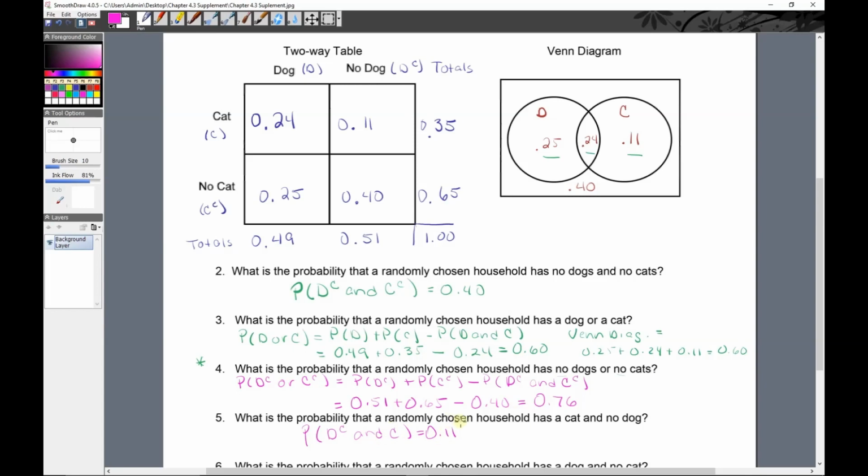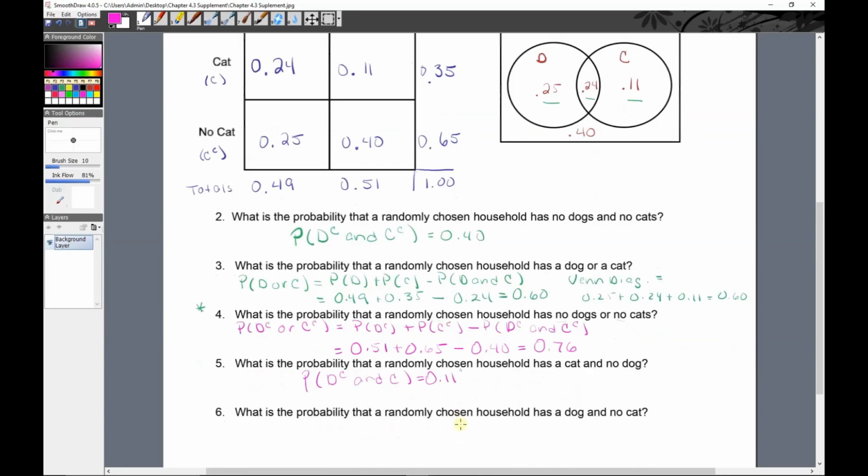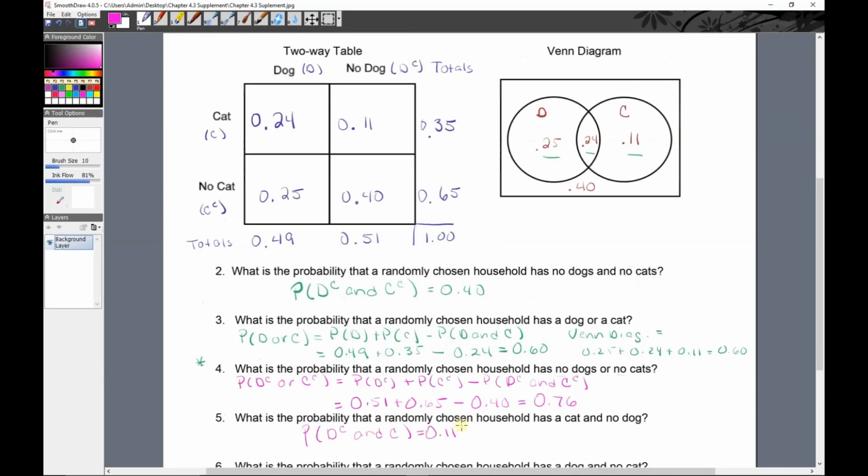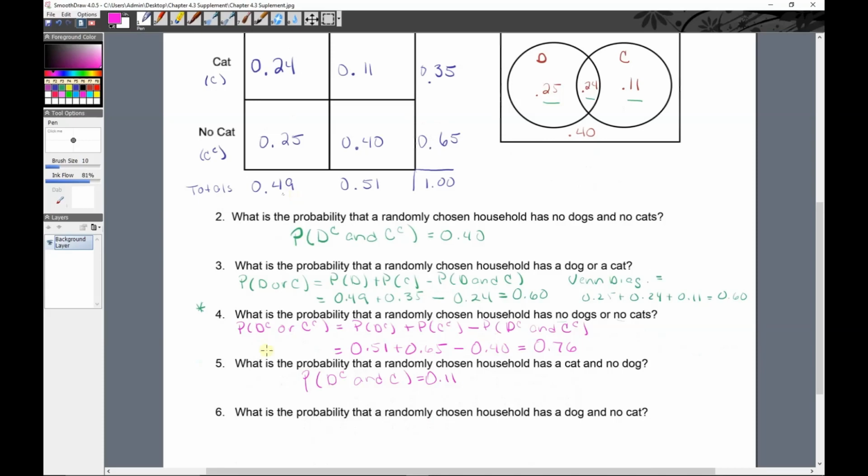And what is the probability that a randomly chosen household has a dog and no cat? Here is dogs. Dogs go down, cats go left to right. So a dog and no cat is the 0.25. So the probability, using the notation, of dog and no cat is 0.25.